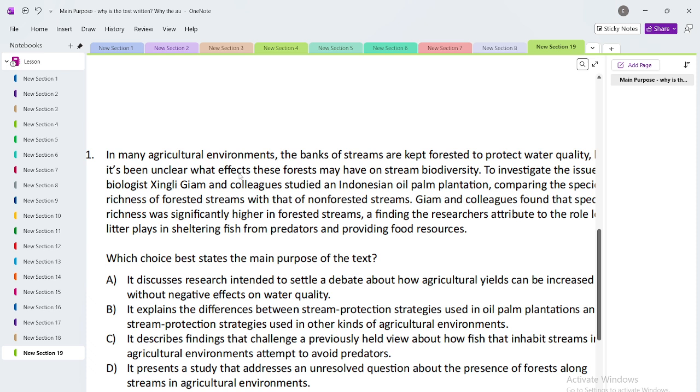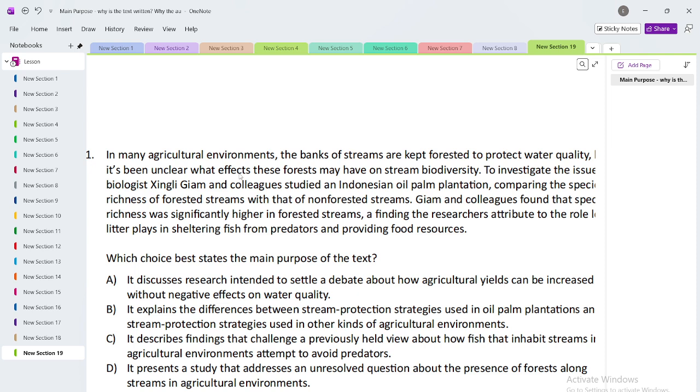Now, what I think in here is that the bank is some kind of place of the streams. Stream is a river, something like the river. So that river is being forested, kept forested to protect water quality. When I say forested, I think it is something like going through forest or directing to forests.